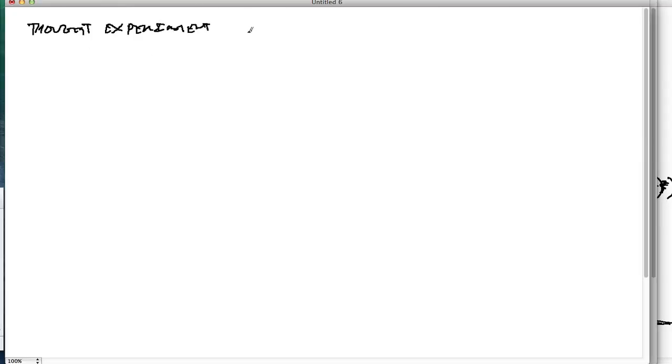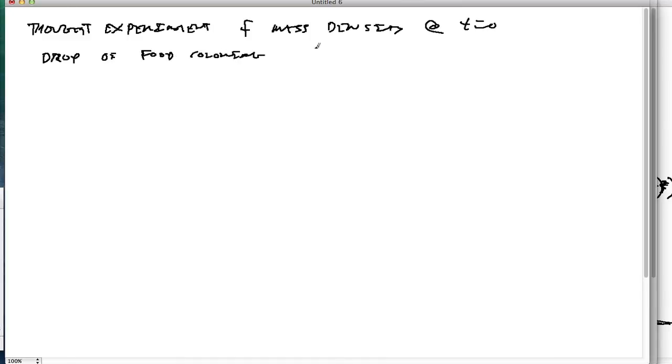Say f is my mass density at t equals 0, and I'm going to talk about a very specific mass density: a drop of food coloring in a giant 1D medium.